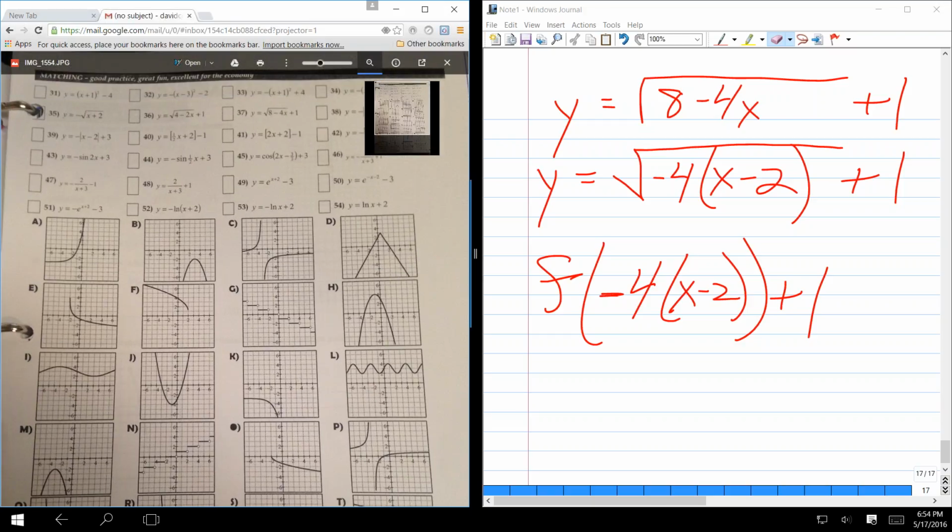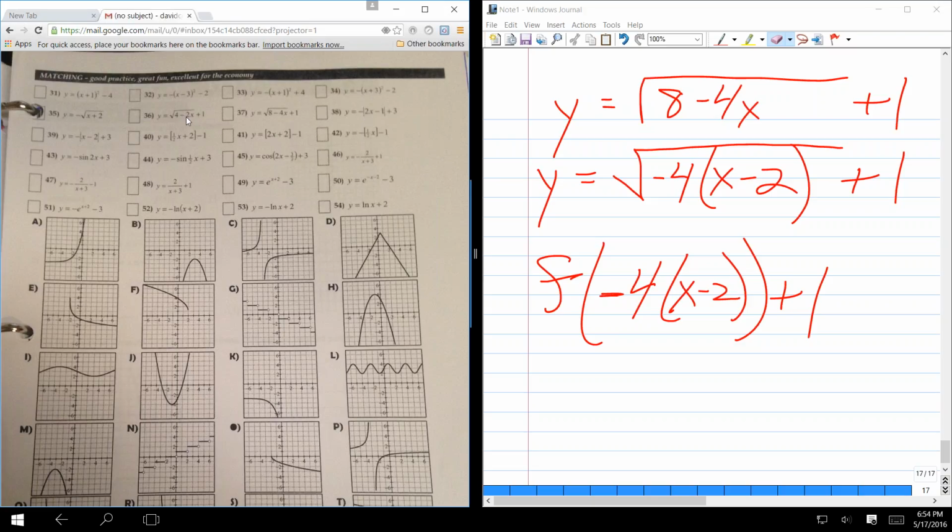That's 36. 36 is t. The square root of 8 plus 1 is 3.8. Right. So far, we haven't found that curve yet. Oh, okay. We haven't found 37 yet.